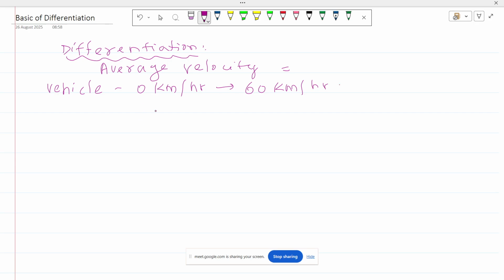But in 1 hour, it may have traveled 40 kilometers. That is the slowest speed and that is the highest speed, but we have to calculate the average speed per hour. So 40 kilometer per hour means the speed of that vehicle is not constant.